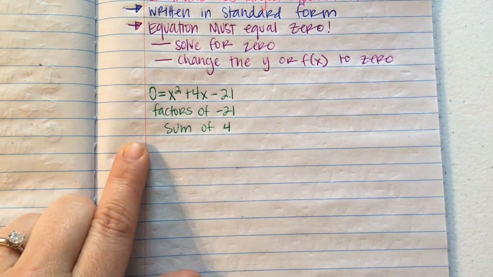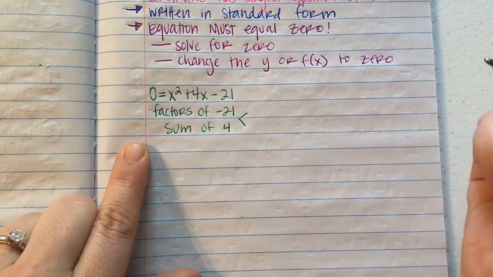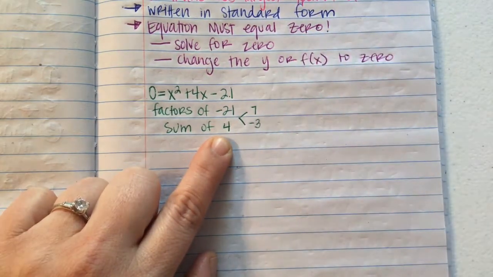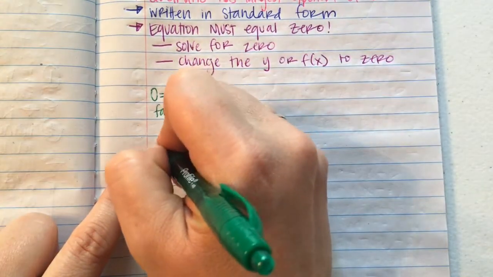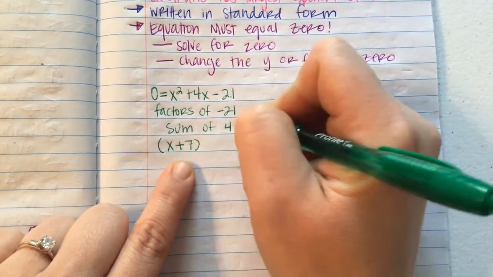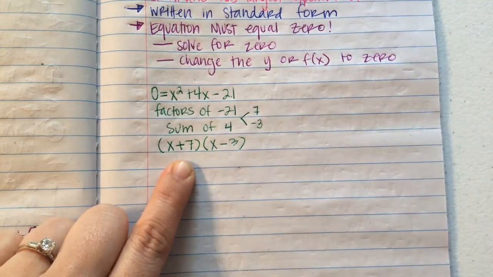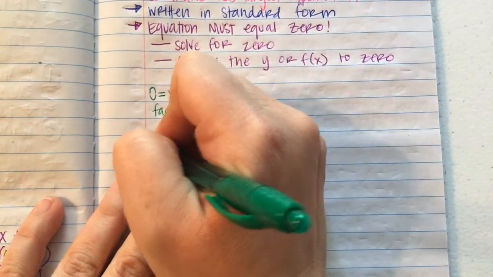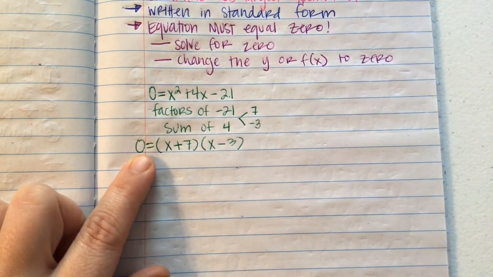So what times what makes negative 21, but when you add it together, you get positive 4. So 7 and negative 3. And my answer to this problem is going to be x plus 7, because it's positive 7, and x minus 3. I just factored it, right? Because it's an easy one, and it equals 0. That's the new part, is the equaling 0.